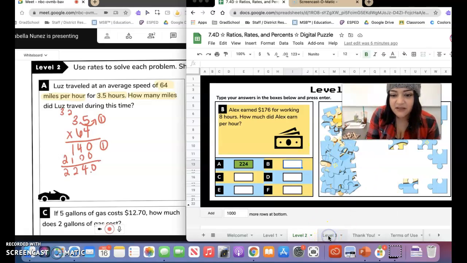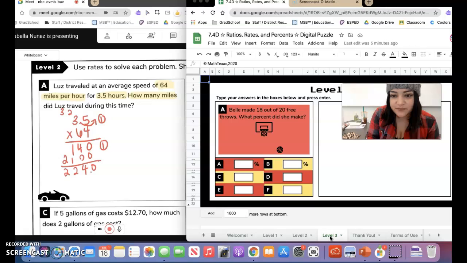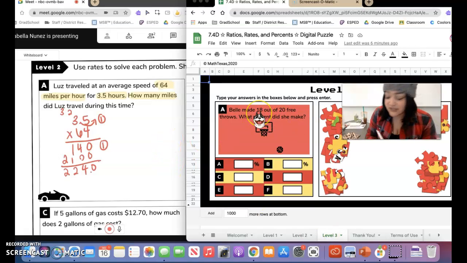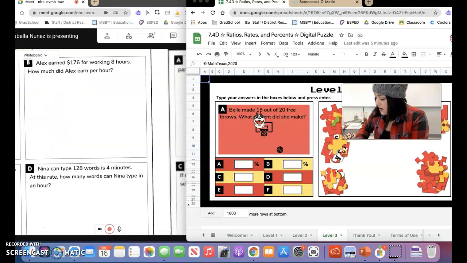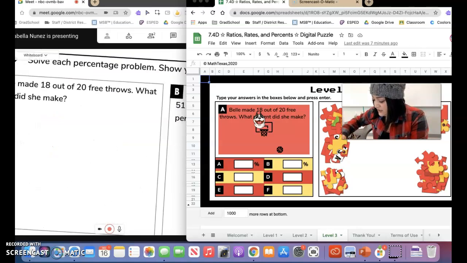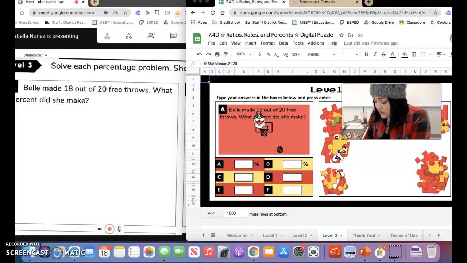And if we go to level 3, it looks like level 3 is percent proportions. Now, don't forget that percent proportions are going to look like this. You'll do part over whole equals percent over 100.